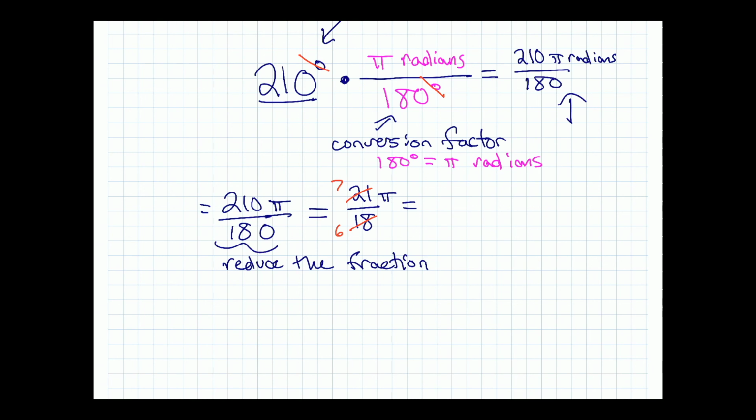So this is actually 7 pi over 6, and it's in radians. Okay? And that's how you would convert from degrees to radians, right?